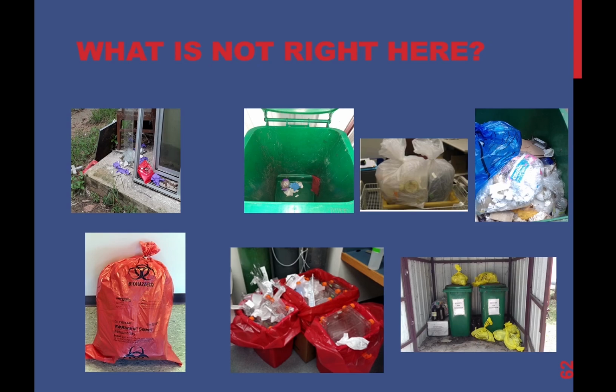Now if we move to the second image, we have a green bin, and we can see that there is a red bag sticking to the side of the wall of the bin, and there is loose waste in the bin. So we cannot discard waste in an untied bag. We need to tie the bag and then we discard the waste.